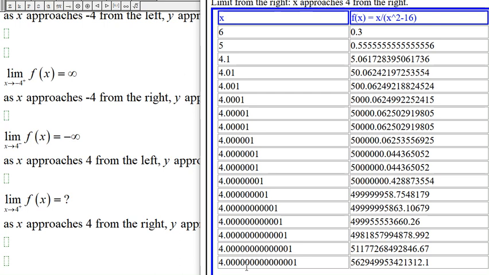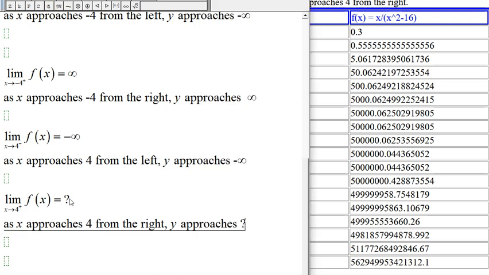So this number is very, very close to 4, but to the right of 4. So as x gets closer and closer to 4 from the right, the corresponding y values are getting larger and larger. So that tells us that this is equal to infinity.